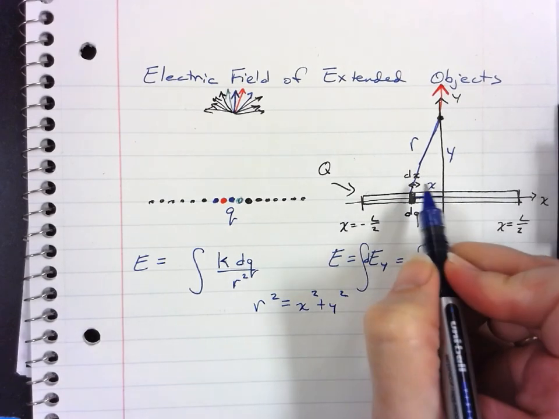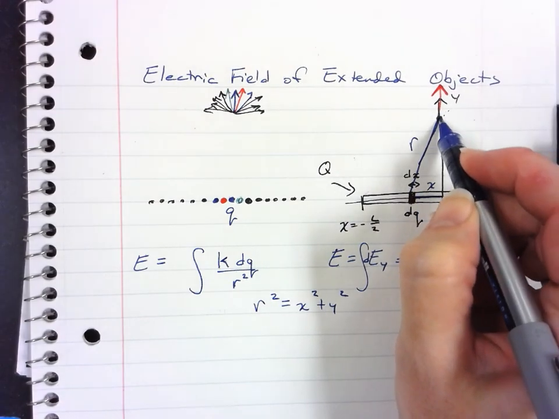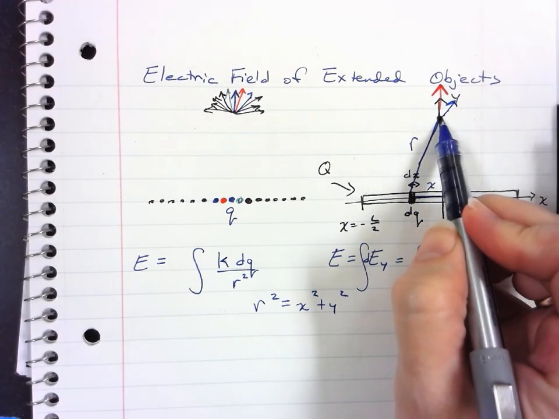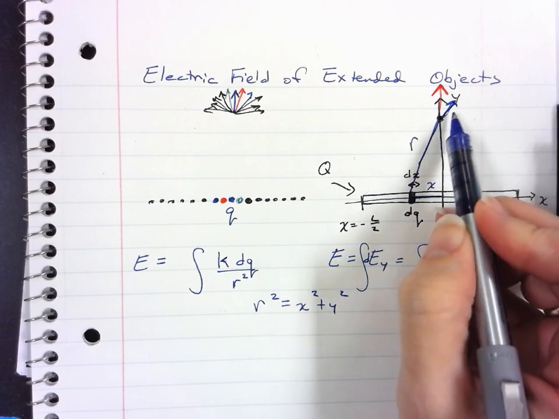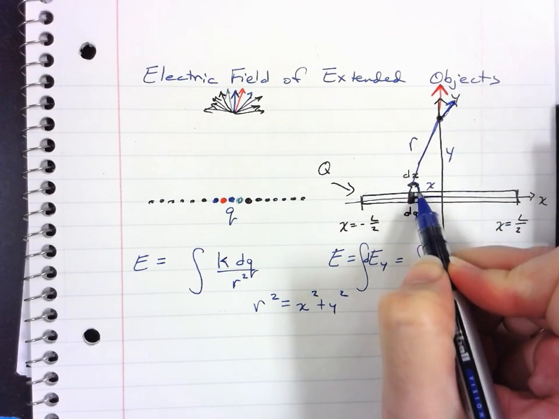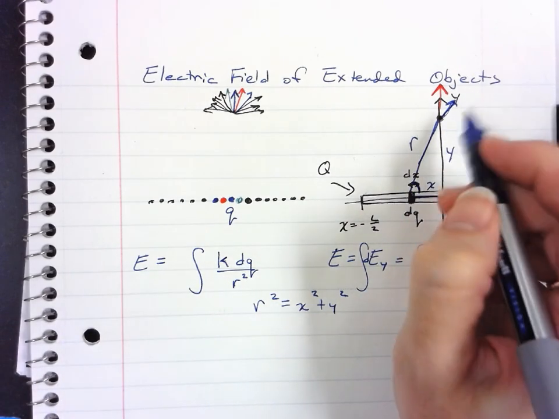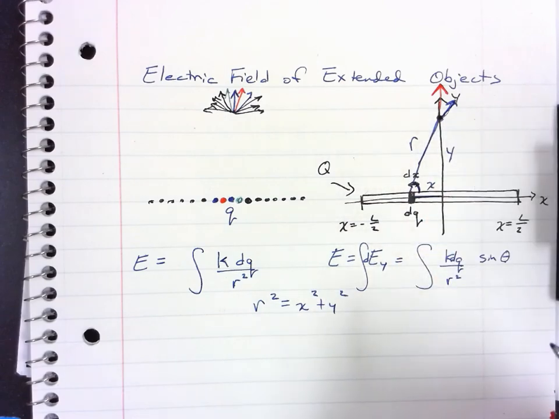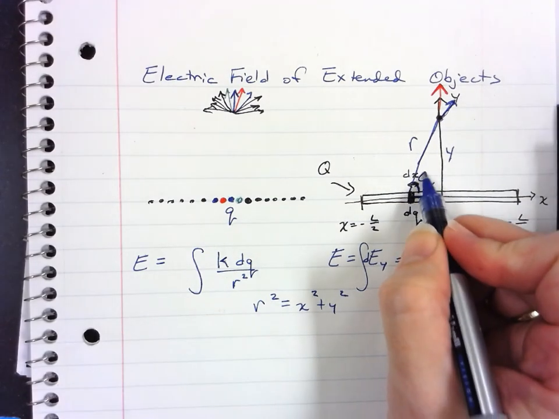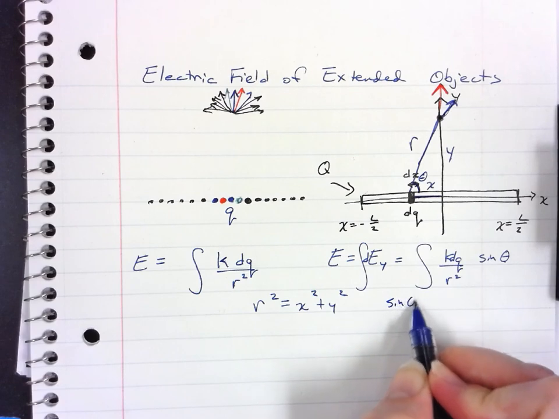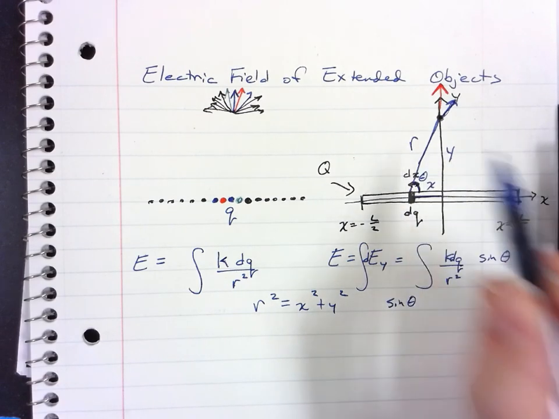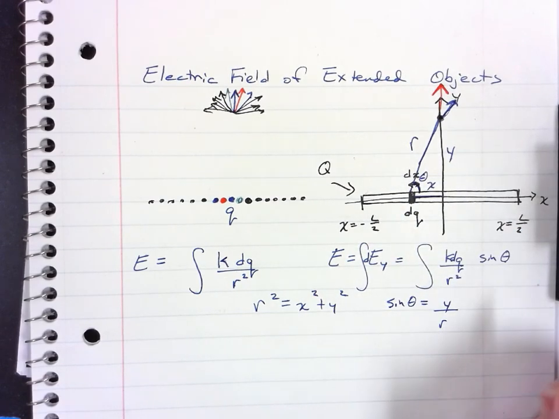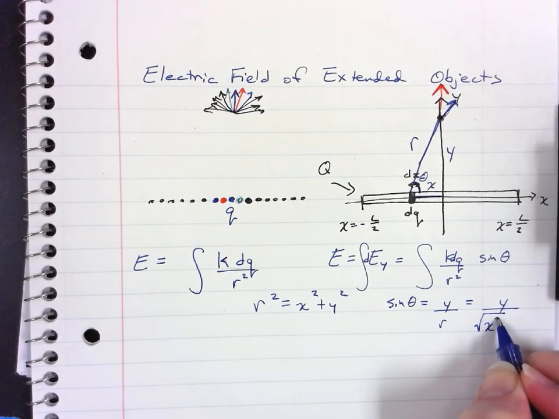Well, the angle: this little piece of electric field is at the same angle as the triangle, because it points directly away, though my picture is really bad. So the sine of this angle is opposite y over r, or y over the square root of x squared plus y squared.